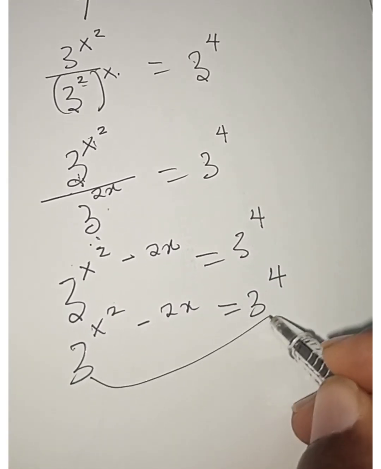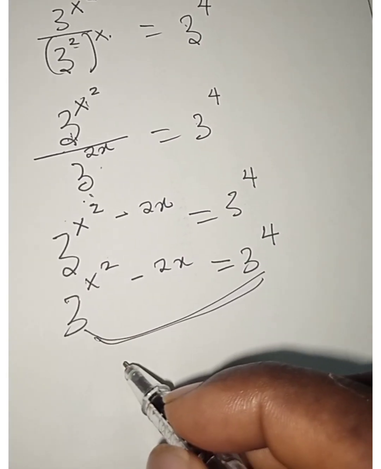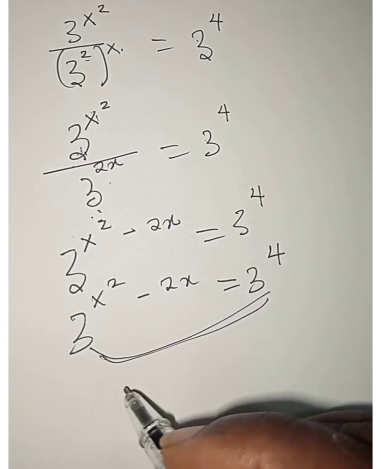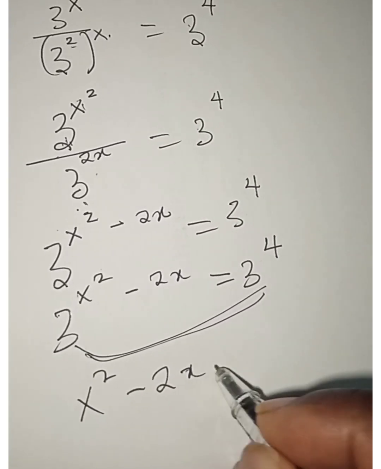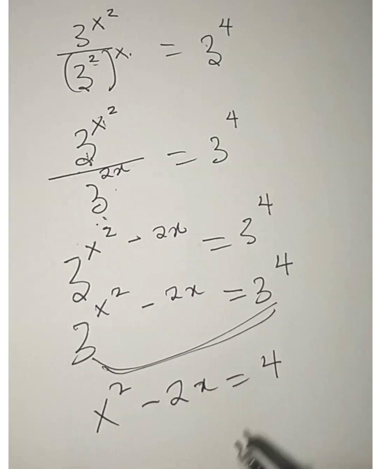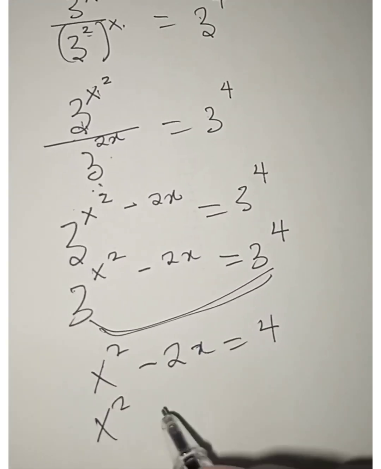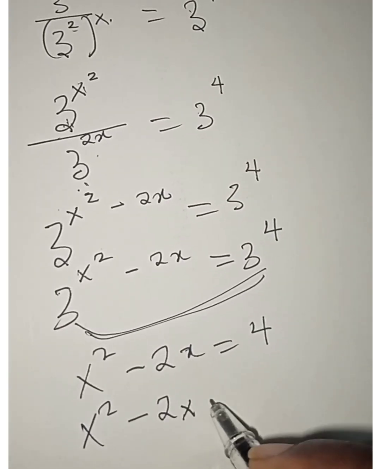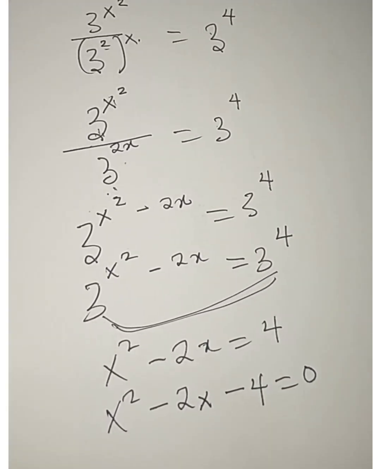Now the bases are the same, so we can equate the powers: x squared minus 2x equals 4. Collecting like terms and rearranging, we have x squared minus 2x minus 4 equals 0.